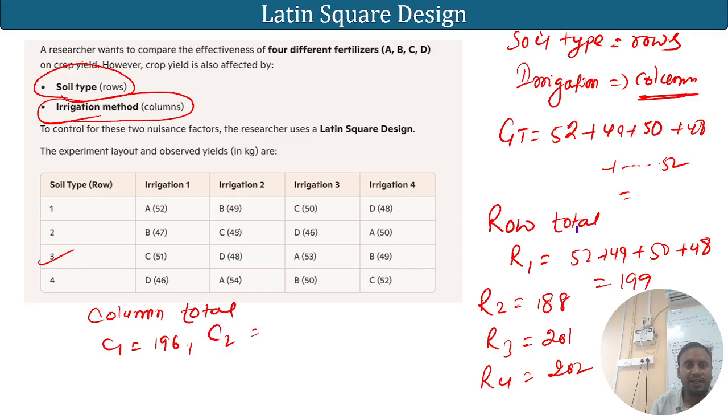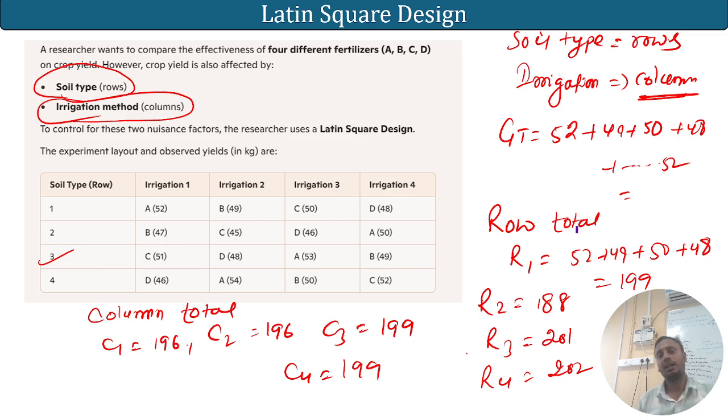C2: 49, 45, 90, 94, 98, 142, 150, then it came to 196. Then 50, 50, 100, 199. C4: 50, 50, 140, it came to 199. I think it's clear. Now we'll go with the treatment.